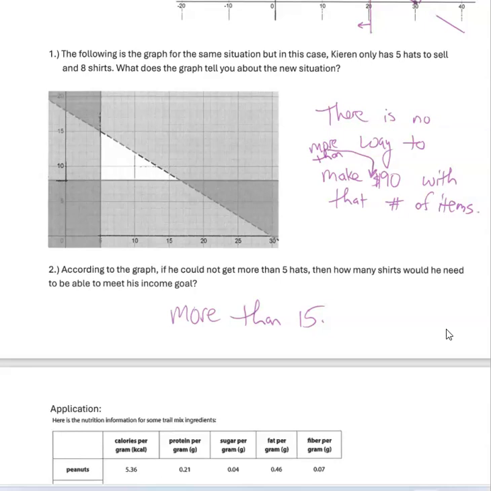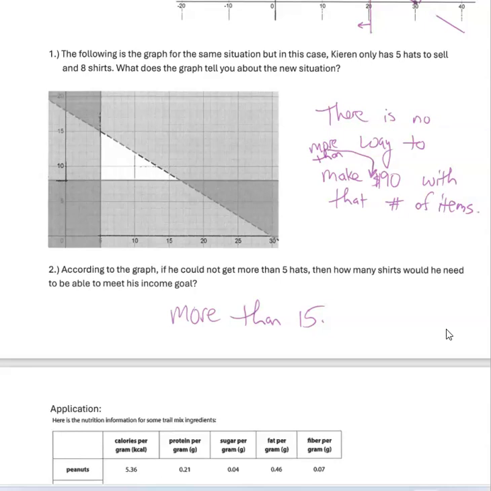According to the graph, if she could not get any more than 5 hats, then how many shirts would she need to be able to sell to meet this goal? When we're looking at this, you can see that the horizontal line is talking about shirts, and the shirts are currently at 8. You ask yourself, how much higher would this have to be so that you would end up being able to get triple shading?